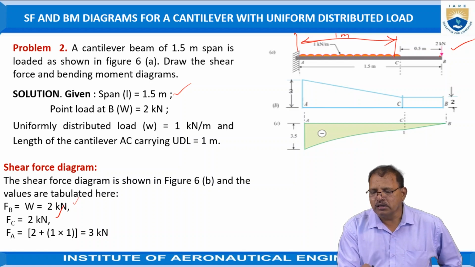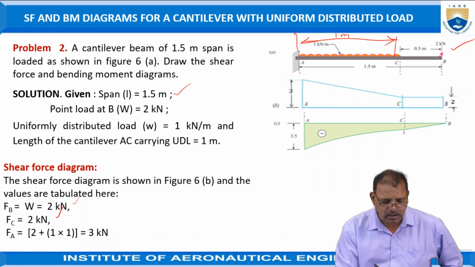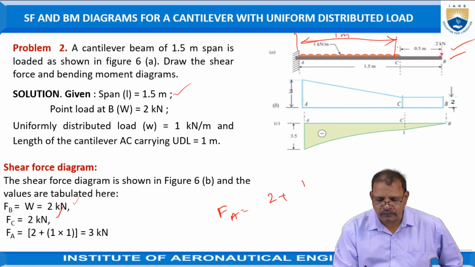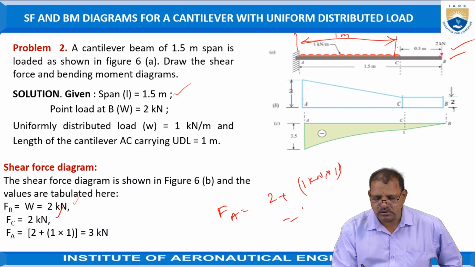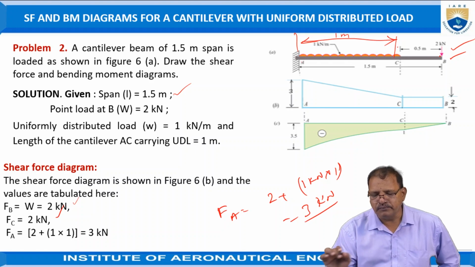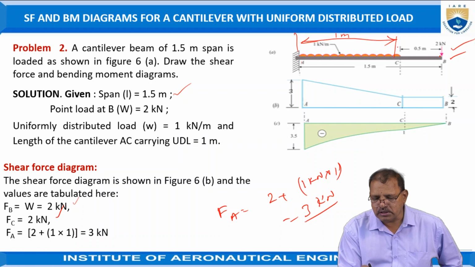At A, the total unbalanced force is 2 kilonewtons from B plus the total distributed force, acting at the rate of 1 kilonewton into length 1. So this is equal to 3 kilonewtons. This force is acting in the downward direction. That means at A it is 3 kilonewtons.